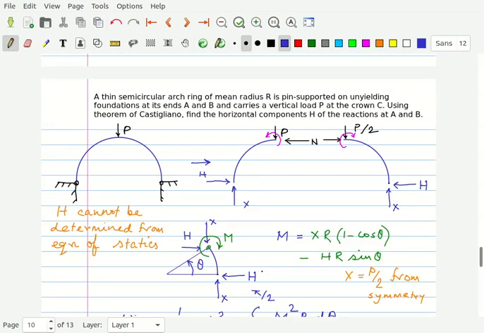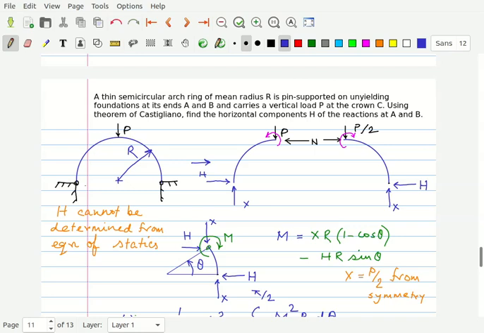So in this problem, there is a thin semicircular arc ring of mean radius capital R. That means this is the mean radius, capital R, pin supported on unyielding foundations.